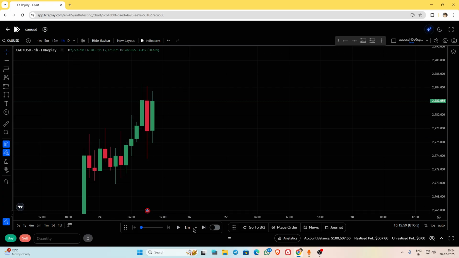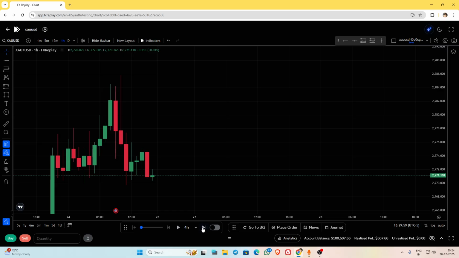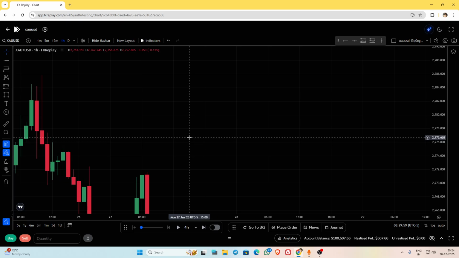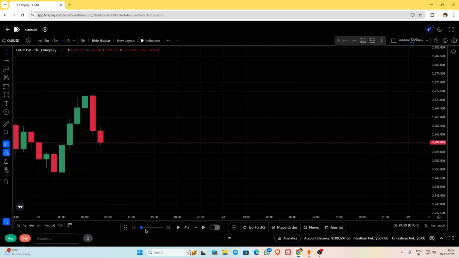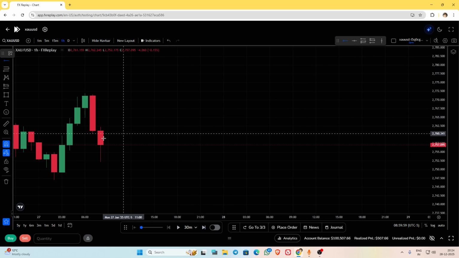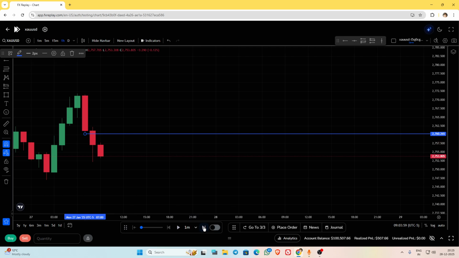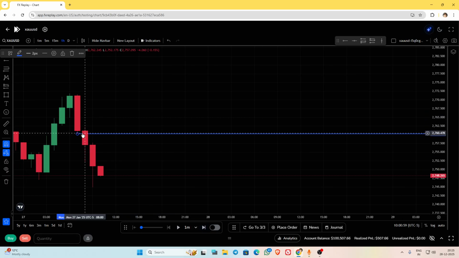Now we will go to 4 hour and let's go towards 8:30. Now we have closed below this point. I'll wait. If we get a tap on our POI, we will take a trade. Okay, I think we will have one more POI.